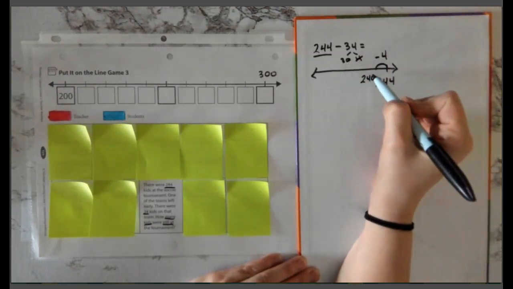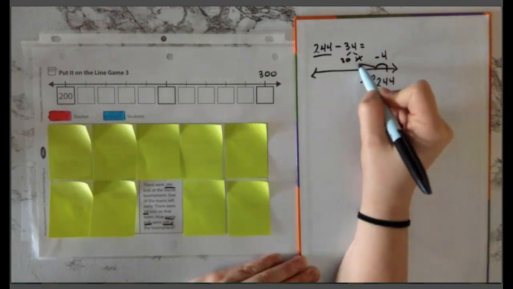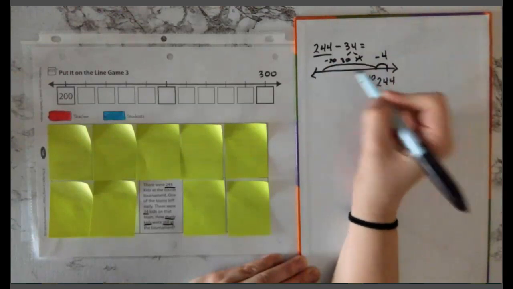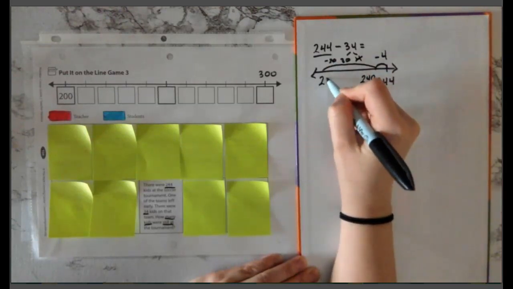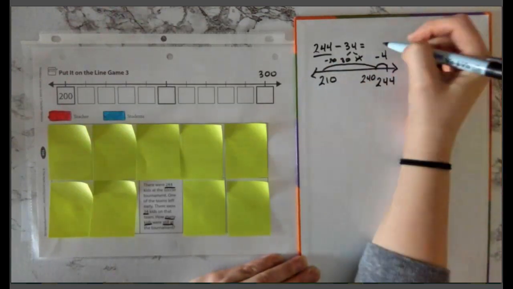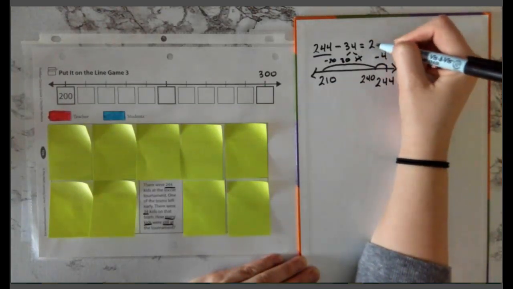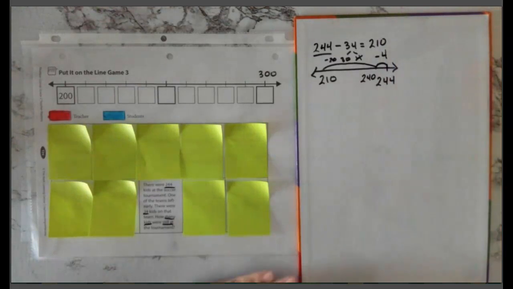Well, I also know that 40 minus 30 is 10. I can take a really big jump backwards to 210. So if we have 244 kids and 34 leave, we're left with 210 kids at the tournament.